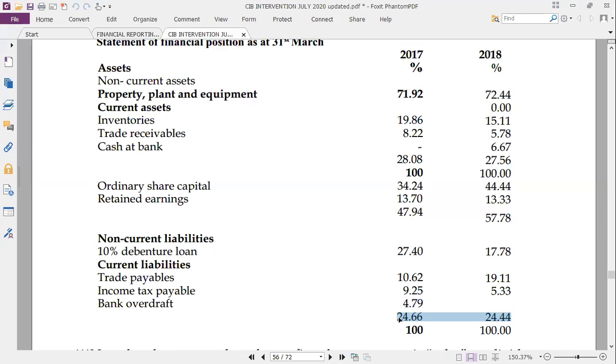We are done. That's the end of the analysis of the common size. Overall, the liquidity position of Akwesi Papa looks good, despite the deterioration in profitability.